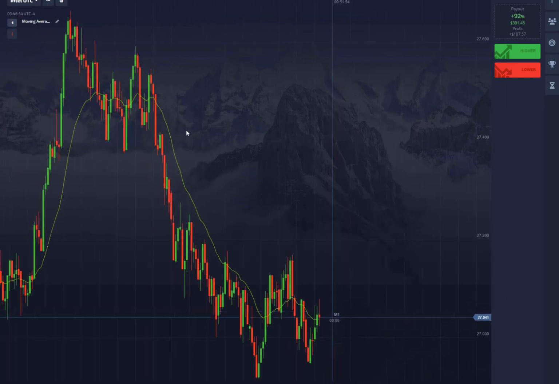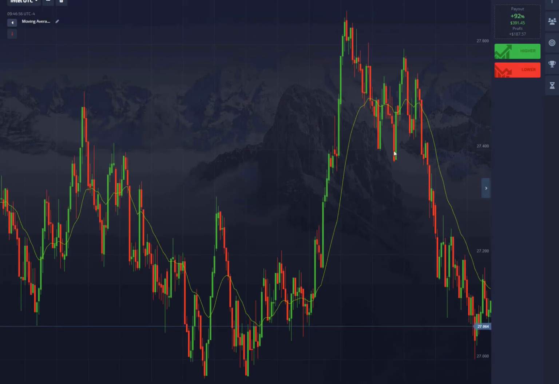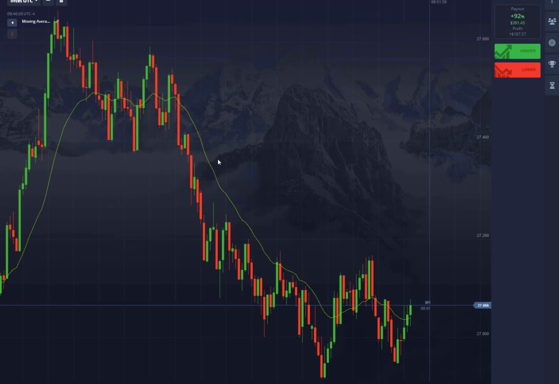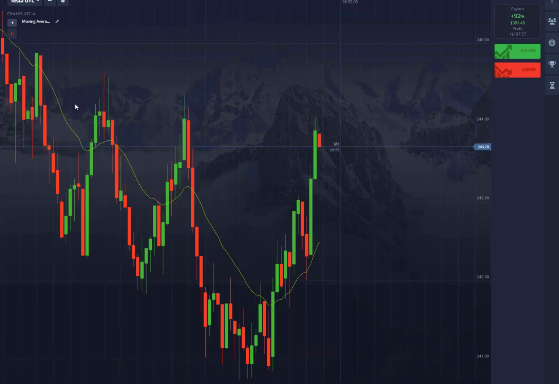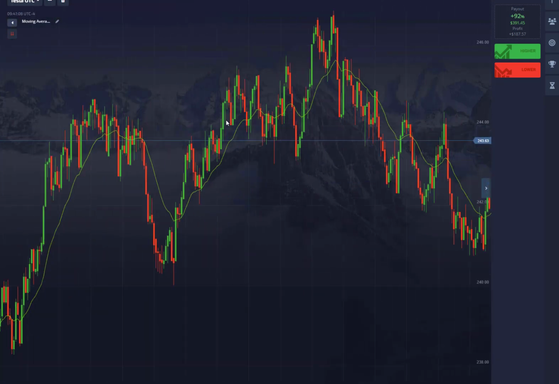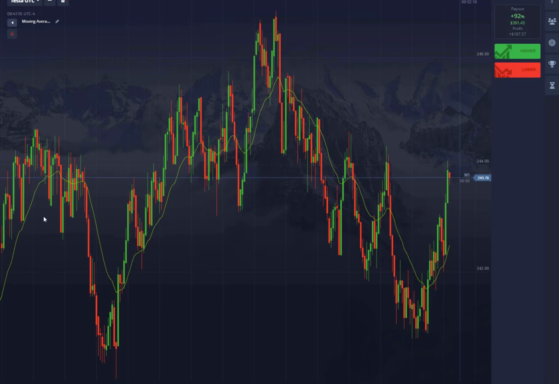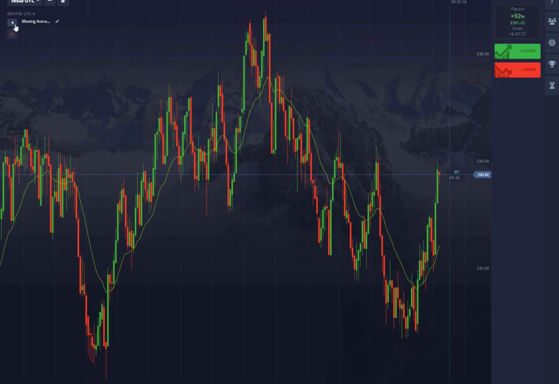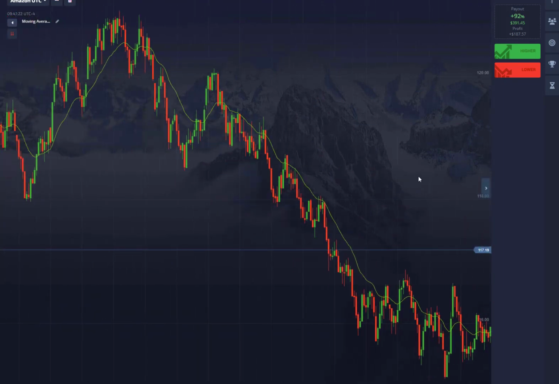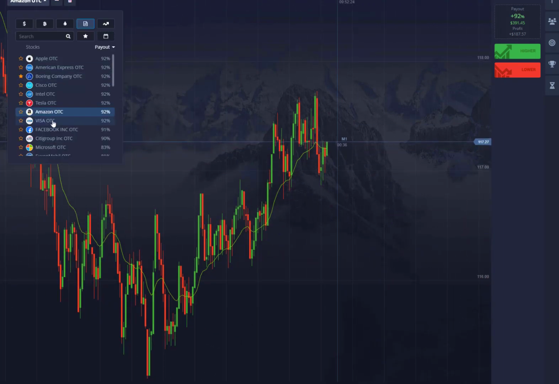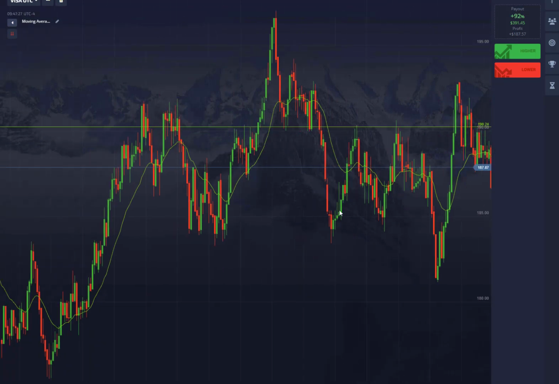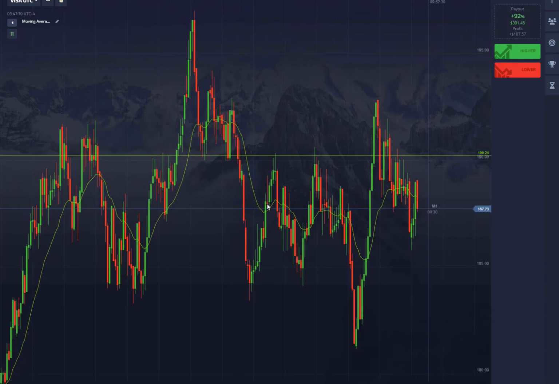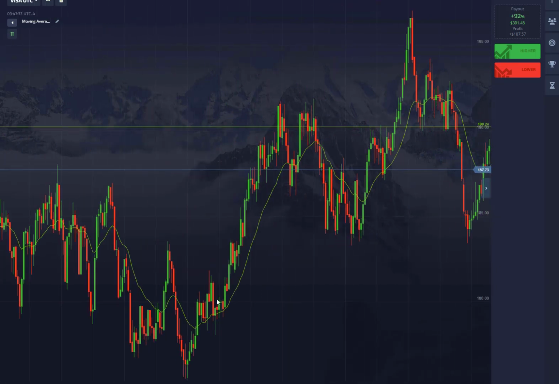Cisco, Intel, Tesla. Tesla may be ranging, but we're right in the center of it. But it's bouncing at different spots. So no clear trends here. Excuse me, ranges. No clear ranges. Old range here on Visa.